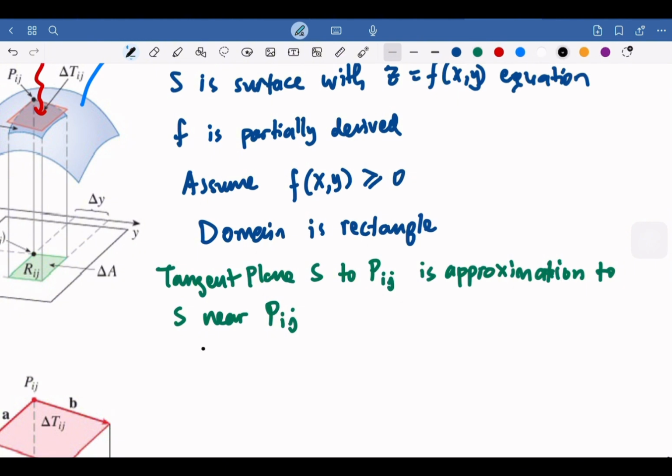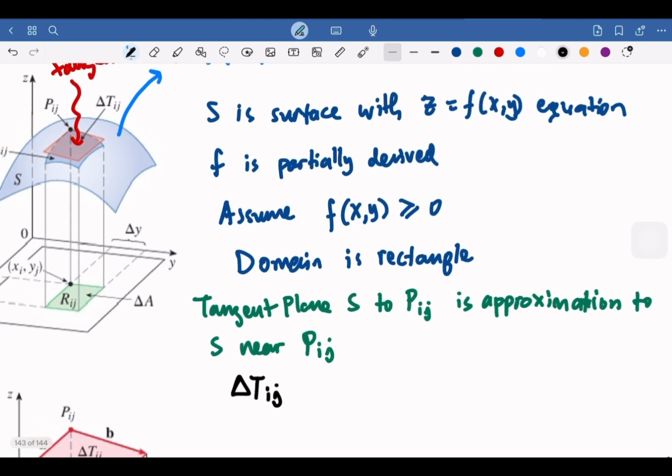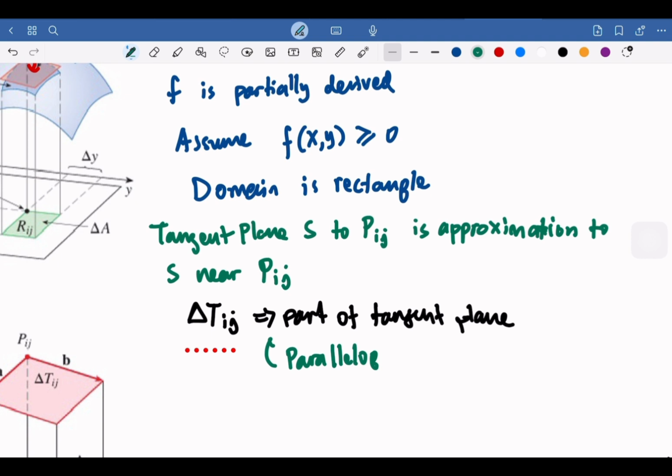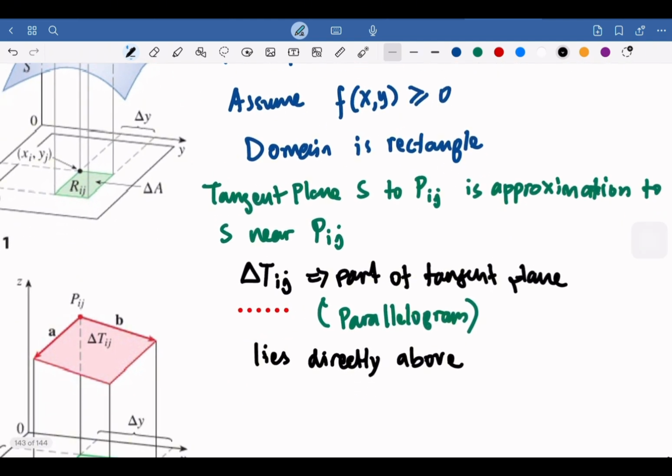And then delta T, which is the part of the tangent plane, we can write this delta T as a parallelogram. It lies directly above the rectangle on the xy-plane, which is the small r, rij.